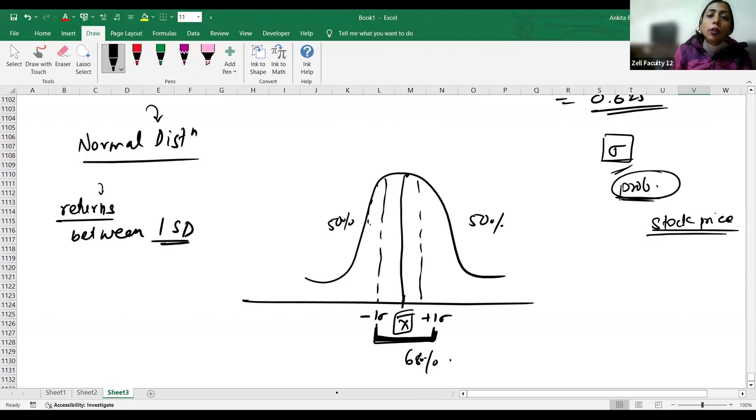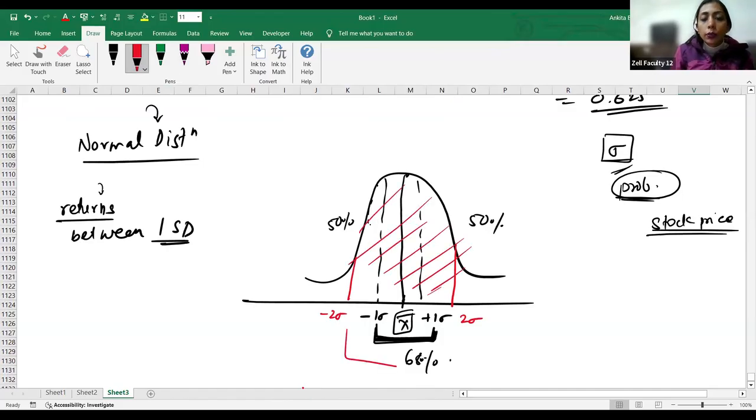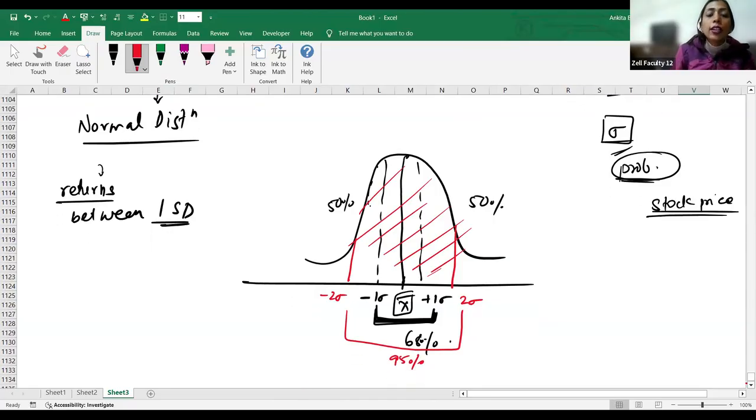Suppose I ask what is the probability that the values would be within two standard deviations of the mean? This is minus 2 standard deviations, this is plus 2 standard deviations. This whole probability is approximately 95%. And the probability that the values would be within 3 standard deviations of the mean is almost 99%.